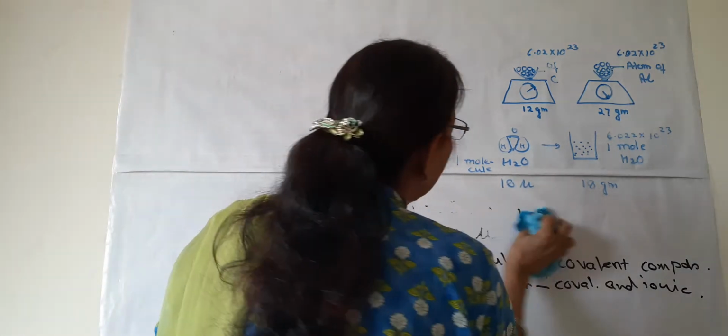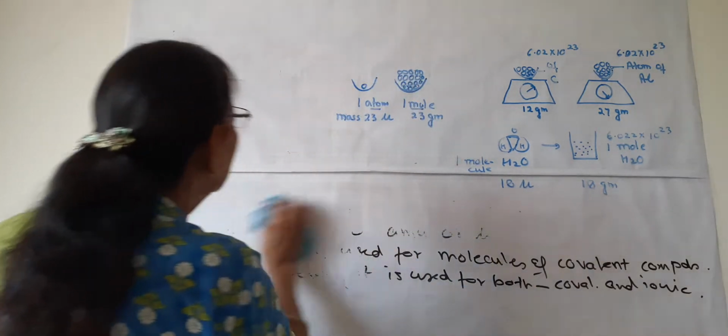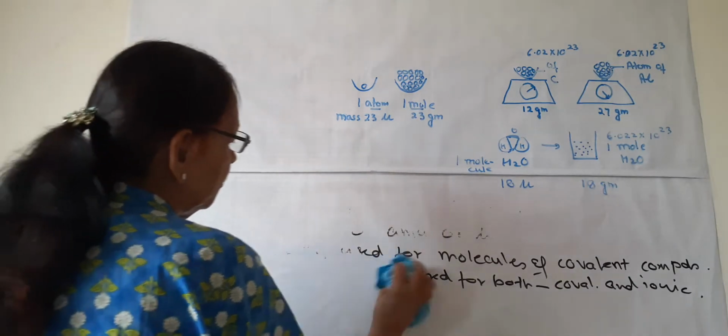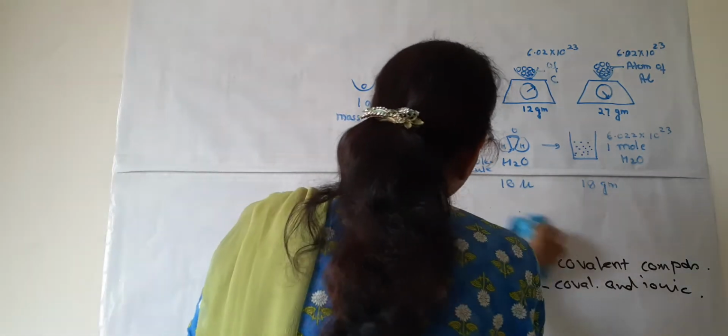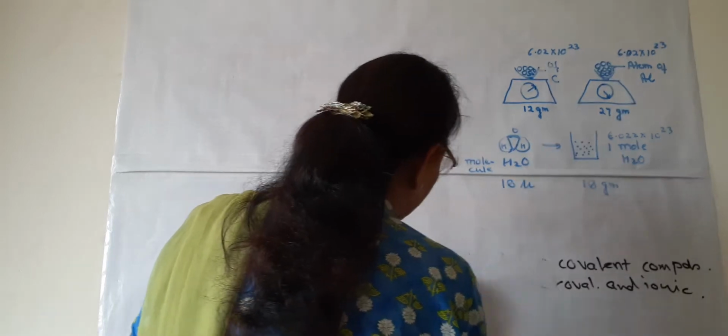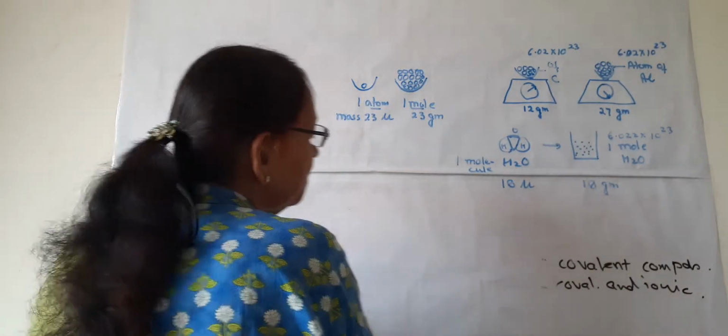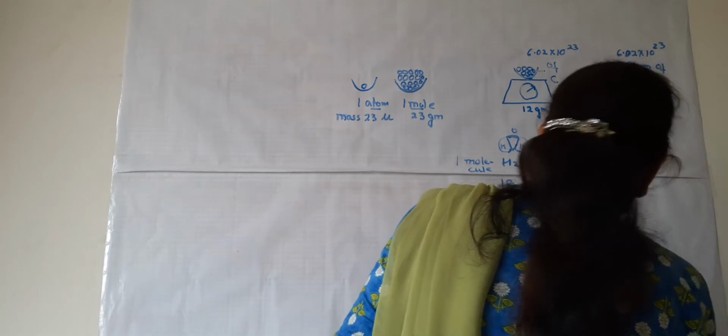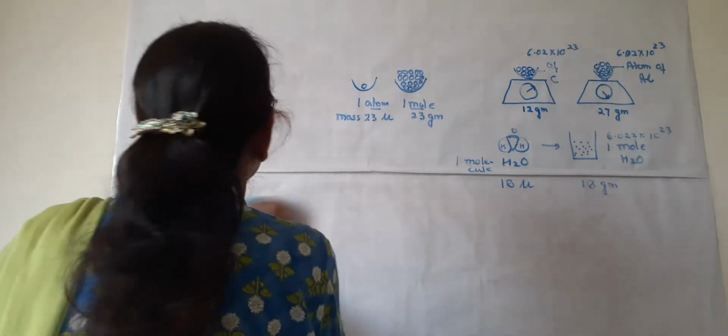Now the main thing and the important one also, the mole concept. What is mole? You are studying mole concept for the first time. You have studied molecules and atoms before also, but mole you all are studying for the first time. What is this mole?